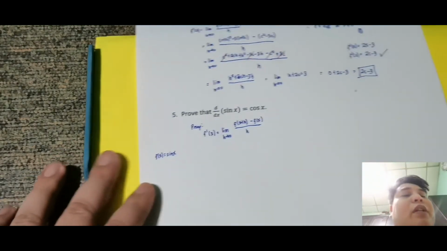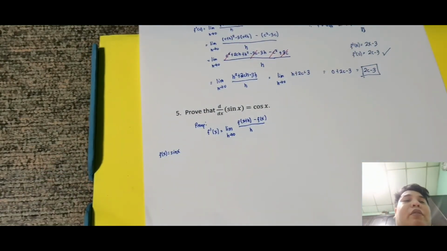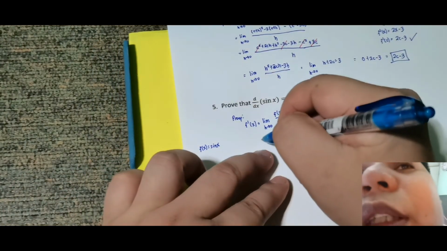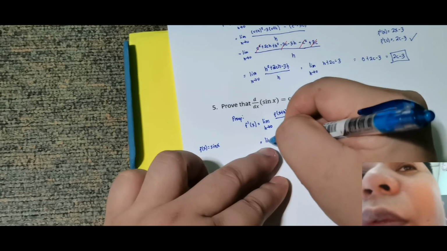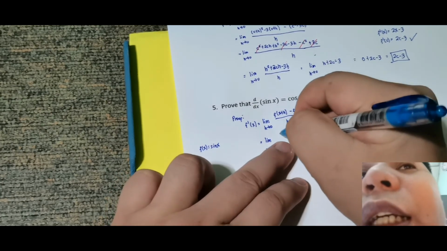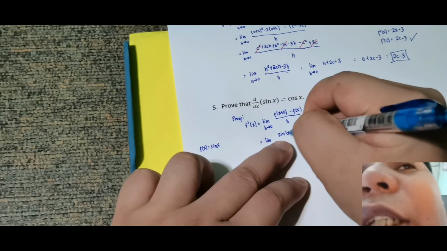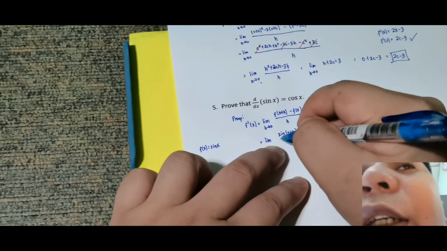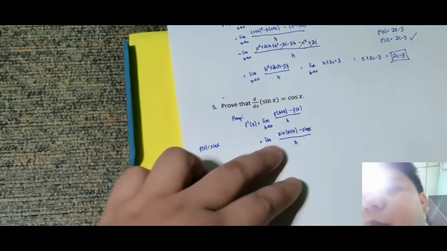Ang goal natin dapat maging cosine x. Okay, so meaning pag sinubstitute natin f of x plus h, this is just equal sa limit as h approaches 0 ng sine of x plus h minus sine x all over h.